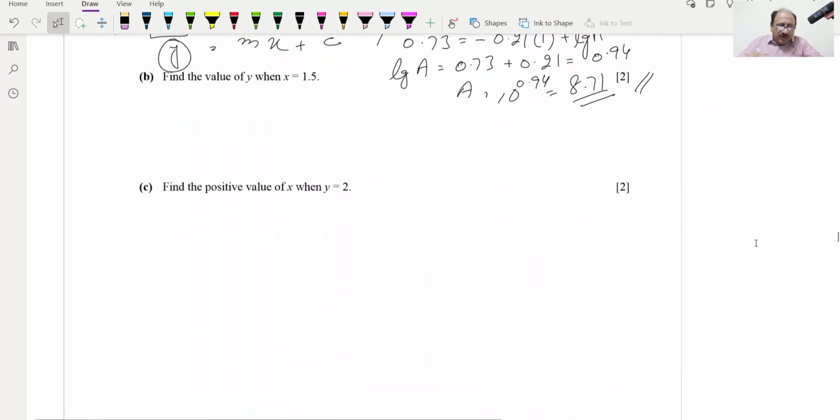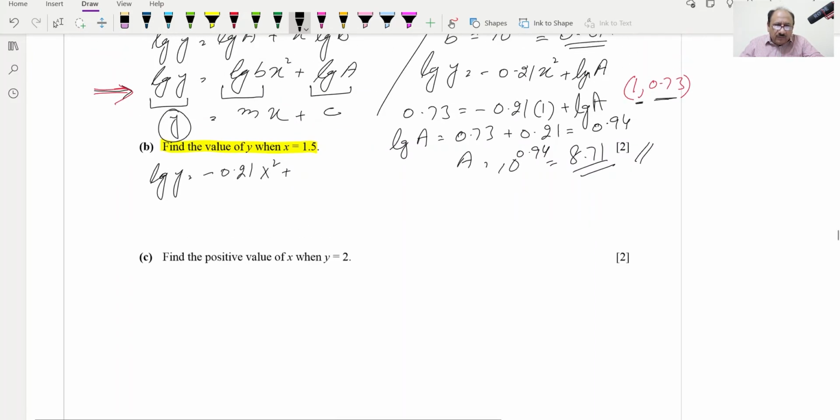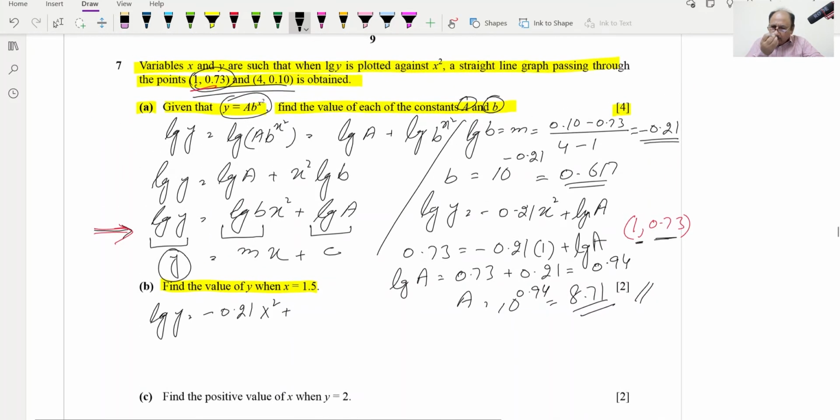The B part says find the value of y when x is equal to 1.5. So we can utilize the equation log of y is equal to minus 0.21, which is the m value, into x squared, plus log a, which is 0.94, which we got over here.